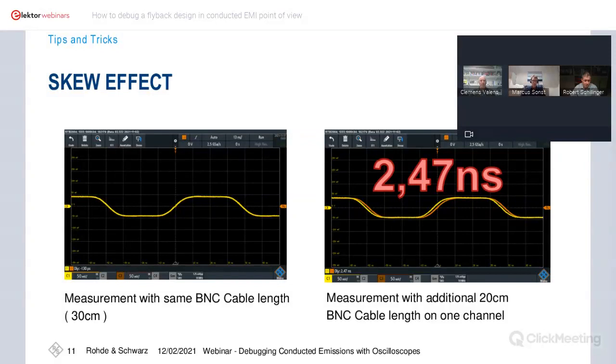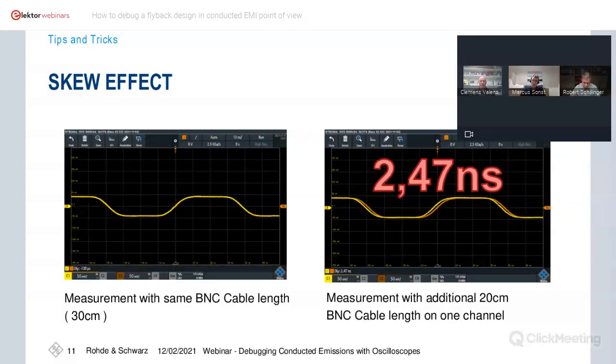So this is the skew effect I mentioned already. I did a good measurement on the left with the same BNC cable length, when there is almost no delay between channel 1 and channel 3, some picoseconds. Then I introduced a 26 centimeter BNC cable on channel 3, and in the end I had a delay of almost 2.5 nanoseconds.